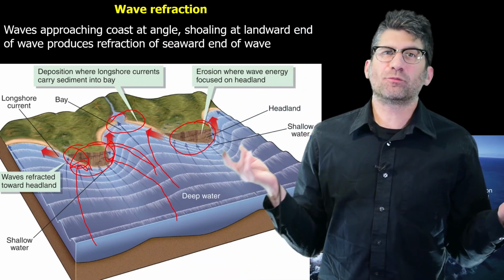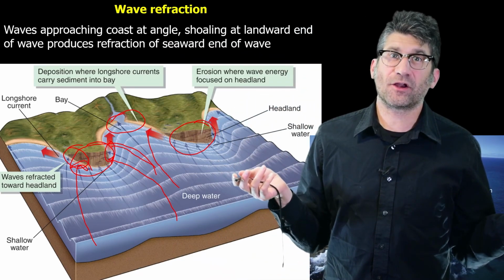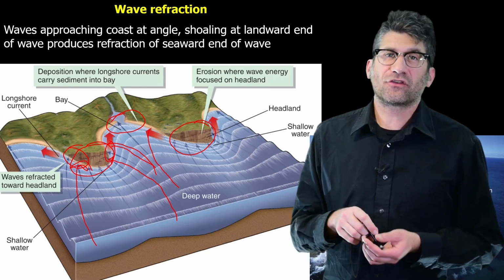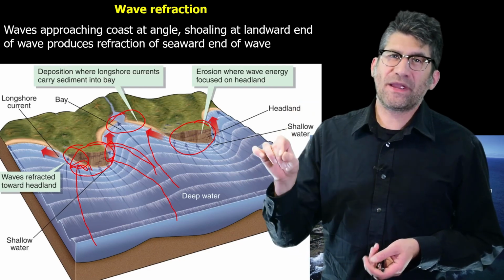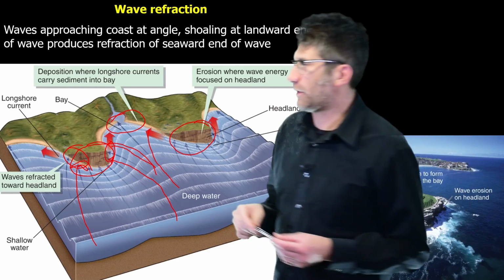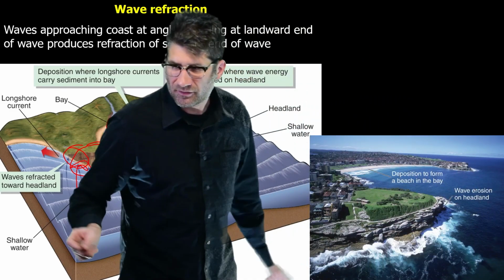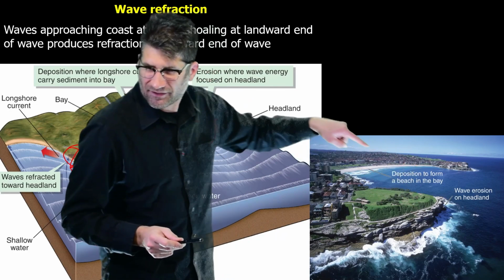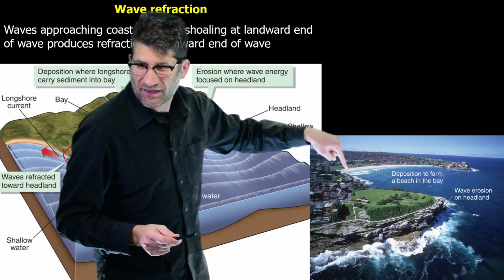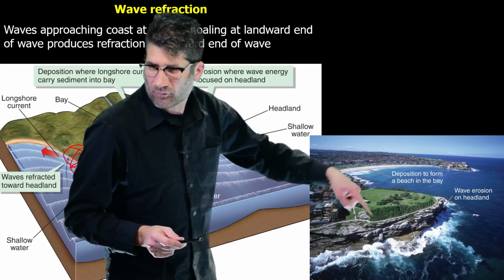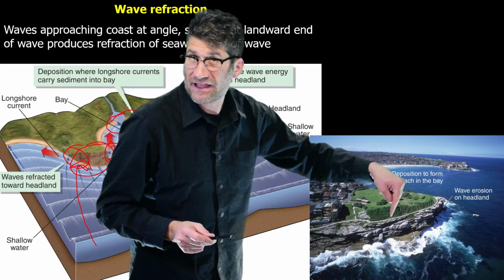That means you preferentially deposit sediment there because you have lower energy. So the headlands are erosion, and the bays are where you get deposition, and that's where your beaches are going to be. That's what this picture is showing: a headland right here, and then in the bay, that's where the beach is. That's because the wave energy all gets focused here along the headland, and you get erosion.